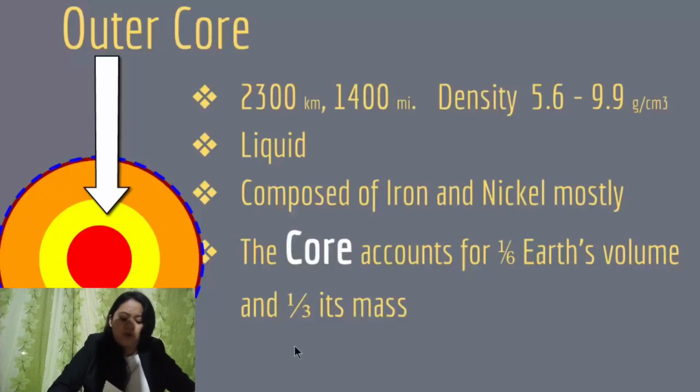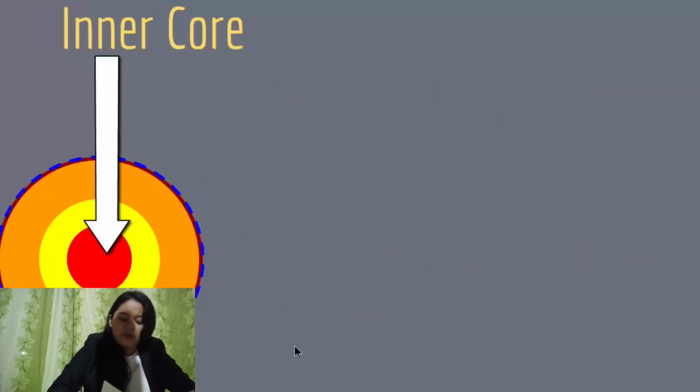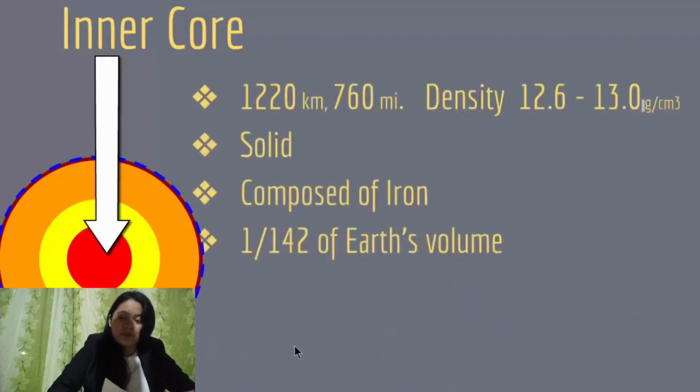After the outer core, we get the inner core, which is the innermost part of the Earth, the circle one, you can see it right. The inner core is about 12 to 20 kilometers thick, and the density of this inner core is about 12.6 to 13 grams per centimeter cube.